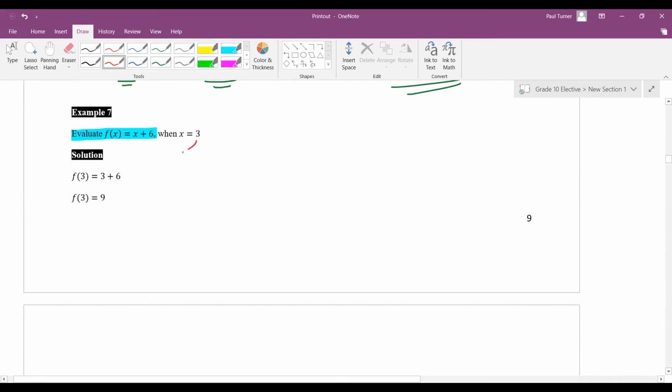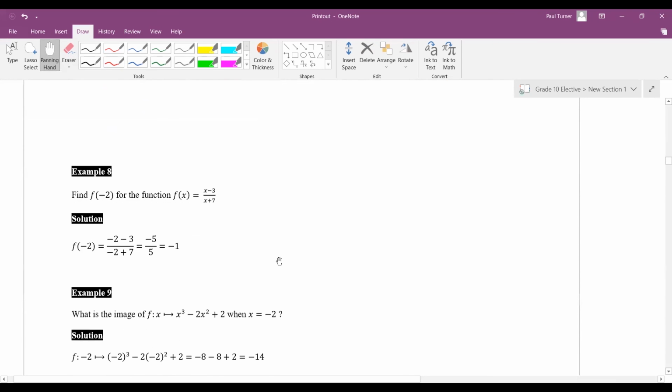So you simply put your 3 into the bracket here. And that's telling you to put 3 into the function here. So 3 plus 6 is 9. So the value of your function when x is 3 is 9, right? Pretty easy that actually.